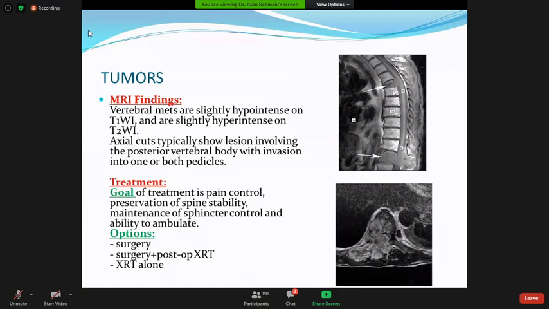You can appreciate that the vertebral involvement is associated with canal compromise and cord compression at both levels. In the axial views, you can appreciate the extent of the disease within the canal and lateral components.